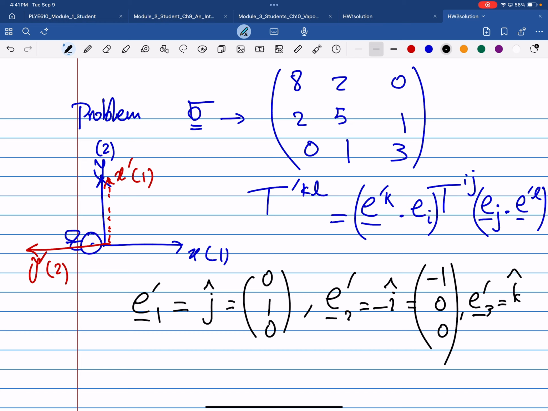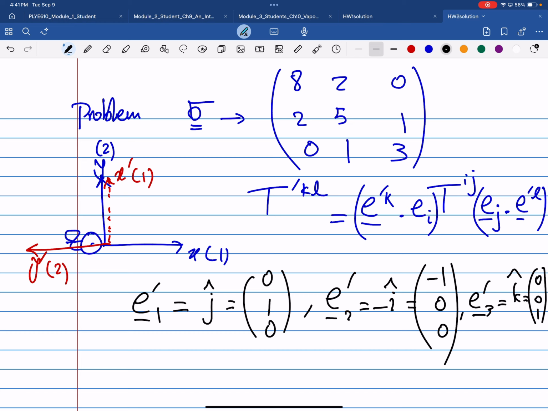Same as this, K. 0, 0, 1. Okay? Good. So sometimes you need to do some geometry. If I ask you for the angle theta, you need to do some cosine theta, sine theta to determine that relationship between the transformed basis and the original basis. Okay?